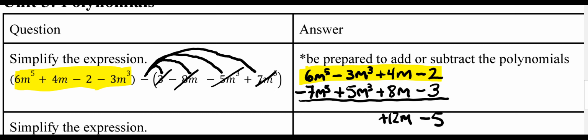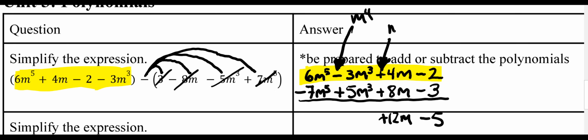And then my -3m cubed and my plus 5m cubed, we can combine them. All of these we can combine because they're all like terms. If any of them were not like terms, they could not combine. And also, I think it's worth noting that right here and right here, there's no m to the fourth term.